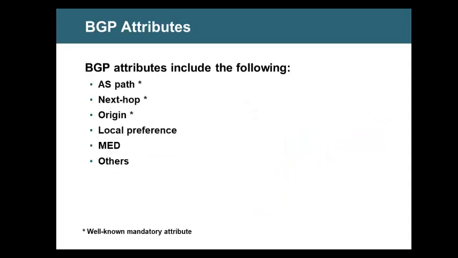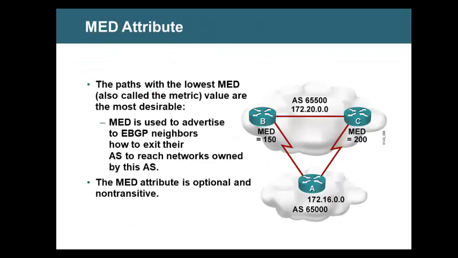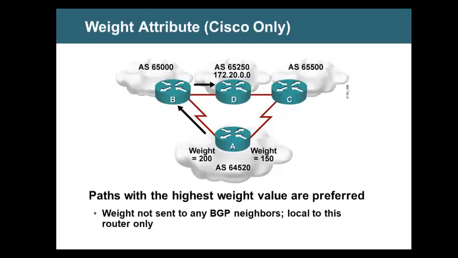Now, I want to remind you again what we have learned in the previous class. Before that, I want to touch on some attributes and what they are. Weight is local to the router. For example, you have only one router on the edge, though you may have many routers inside.